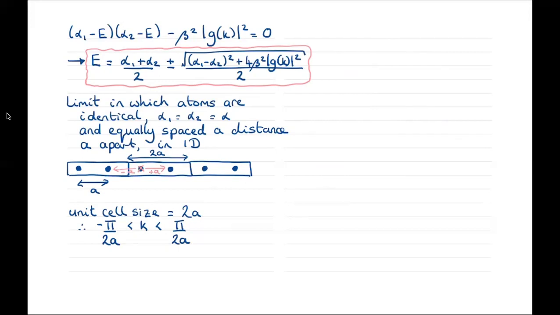And so our energy, substituting into this general form, alpha 1 is equal to alpha 2, then the energy is just alpha plus or minus beta times e to the i ka plus e to the minus i ka, which is equal to alpha plus or minus 2 beta cosine ka.